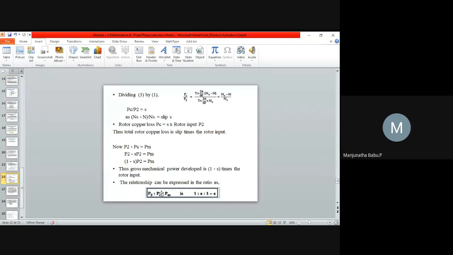So similarly, we can find what is PM. We know PC, we know P2. Can you find PM?